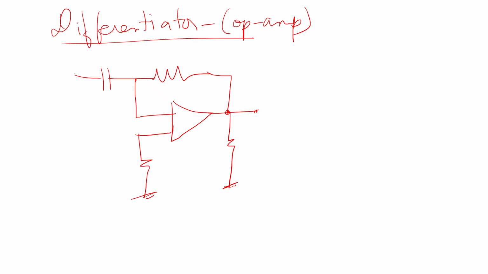The circuit is connected in this manner, with the input voltage fed to the inverting terminal of the circuit. Capacitor CF, feedback resistor, input signal.